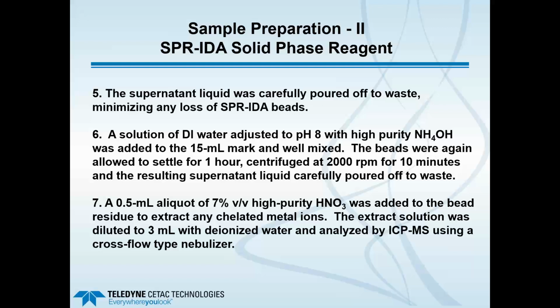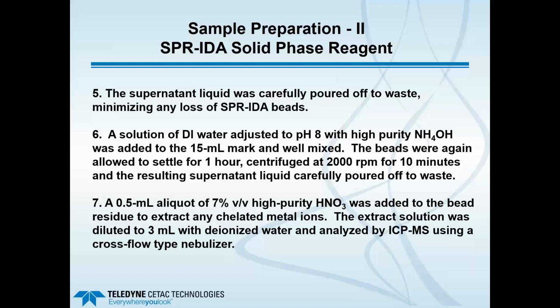The last part is where the user has a lot of control. You would then release the chelated trace metals using a high purity acid solution, in this case nitric acid, to extract any of the chelated metal ions. The extract solution can be diluted to whatever volume you would like, and then you can analyze that solution directly on the ICP-MS.